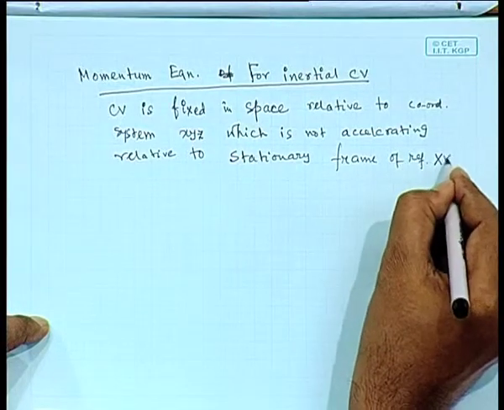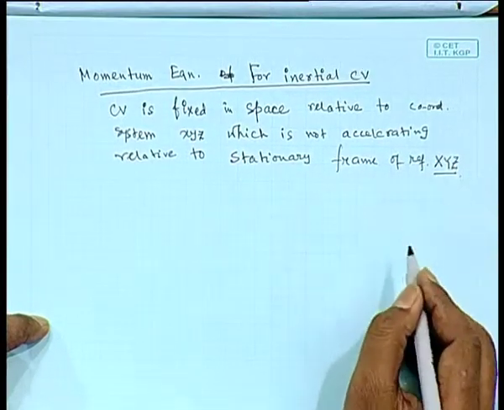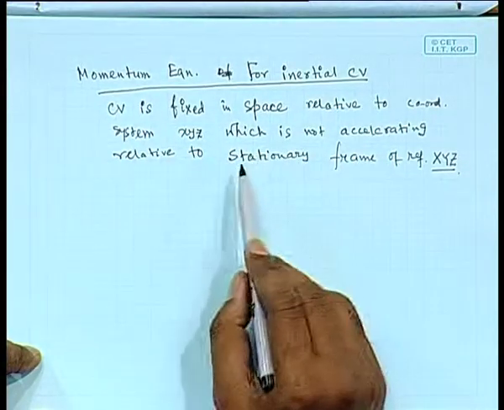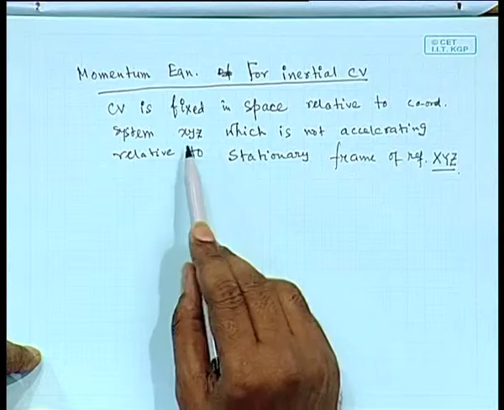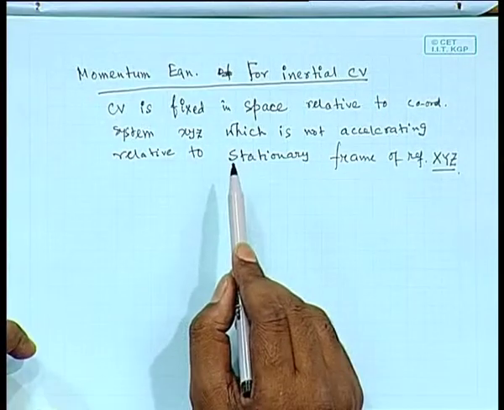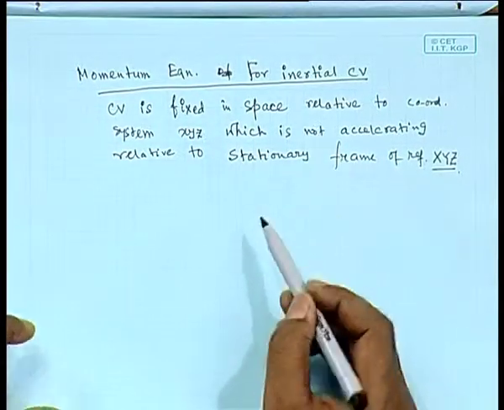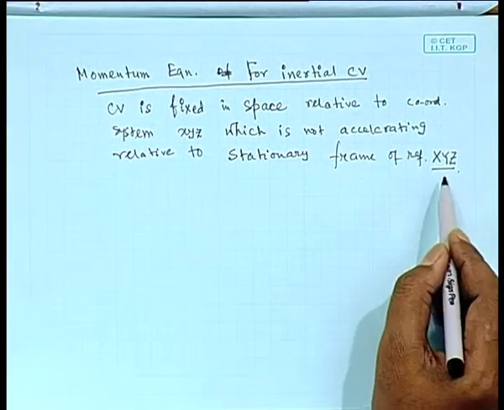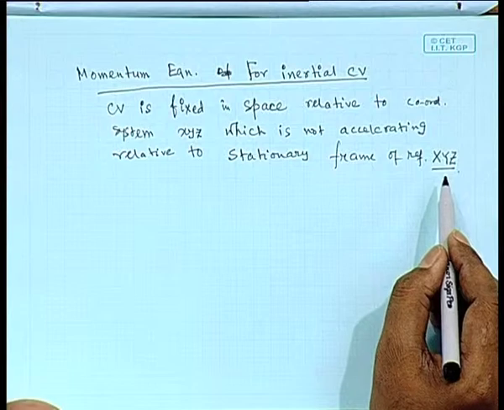Our stationary frame of reference is capital X, Y, Z, that is, let us say, fixed in the ground. And for the control volume, all the quantities are with the coordinate system small x, y, z that is attached with the control volume. In the first case, when the control volume is stationary, small x, y, z and capital X, Y, Z will be identical; there will be absolutely no difference.